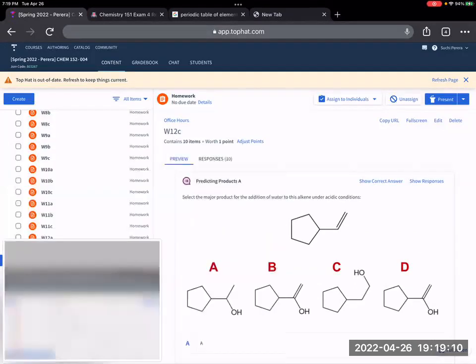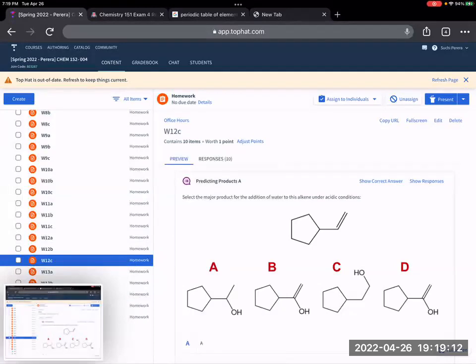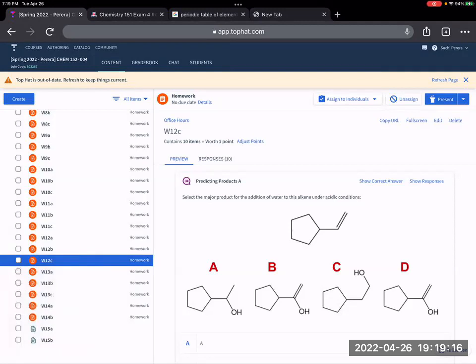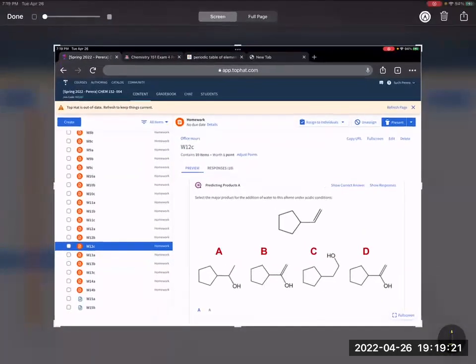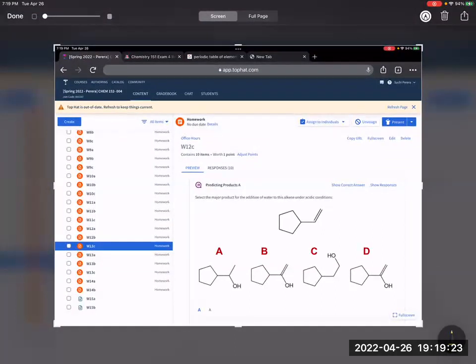Select the major product of the addition of water to this alkene. Again, the idea is when this double bond breaks, it can break towards this side or towards this side. As a result, we can have two situations for this double bond.